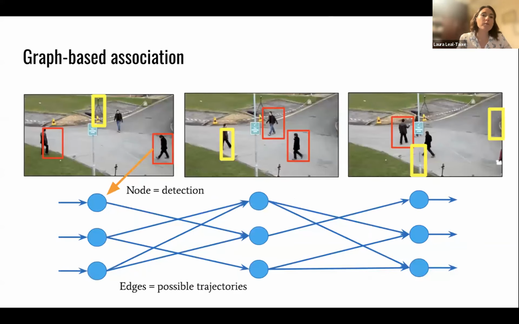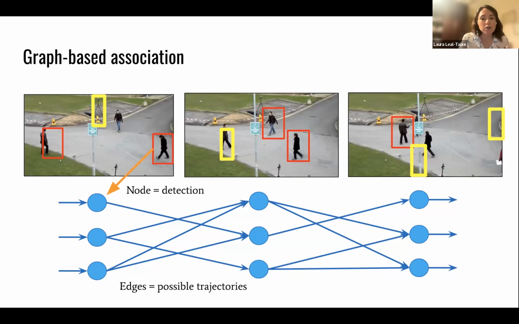Now, one type of long-term association that has been used since, I think, 2007, when this formulation was introduced, is graph-based association. So I'm going to pose the tracking problem as a graphical model, where the nodes represent my detections and the edges represent possible trajectories.